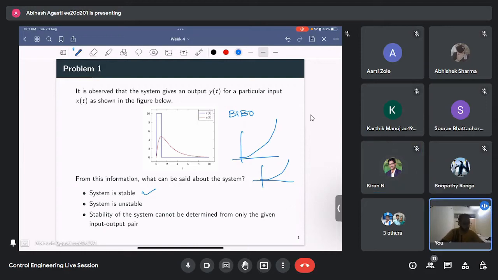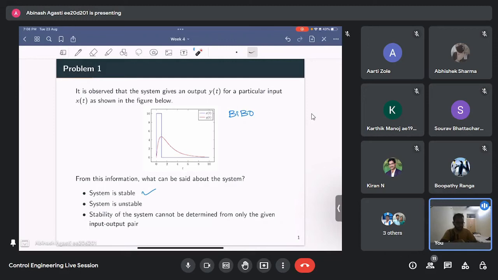Yeah. So BIBO stability says that given any bounded input, the output that the system gives should be bounded. Okay. So what do we have here? We are given one particular bounded input, this curve, and for this particular bounded input, I am getting a bounded output.